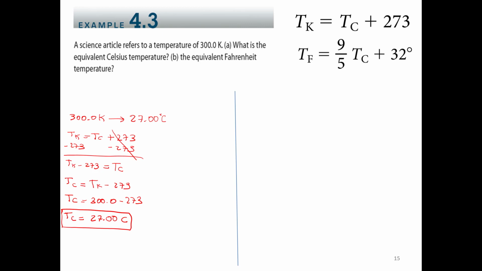Because we don't have a direct equation that converts Kelvin into Fahrenheit, we will convert 27 Celsius into Fahrenheit. For that, we will use the second equation.